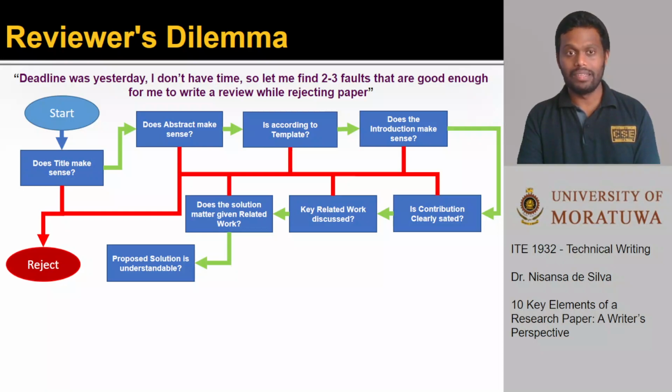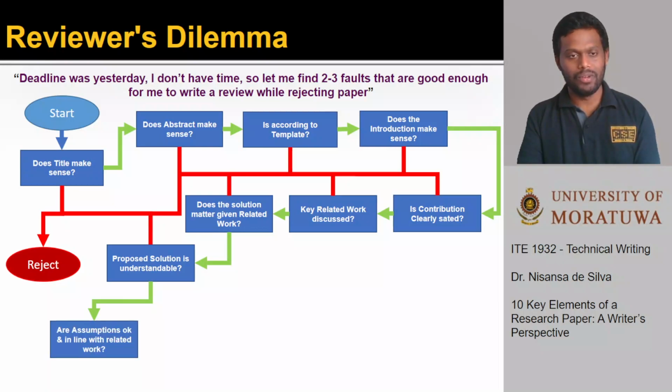If it is pointlessly hard to understand, reject. If it is reasonable, we move on to see whether the assumptions are okay and in line with the related work. You cannot write systems for spherical cows in a vacuum. If not, reject.